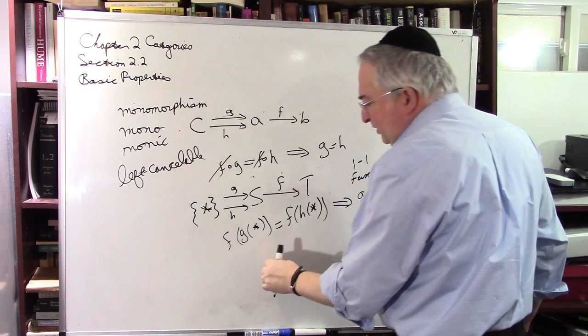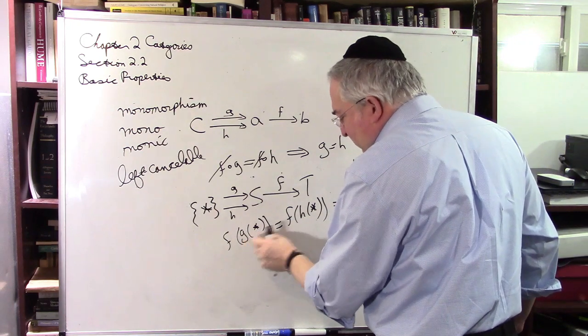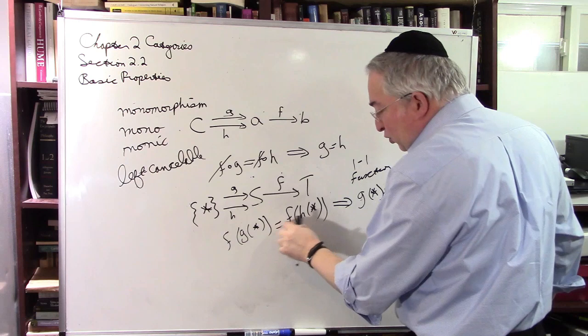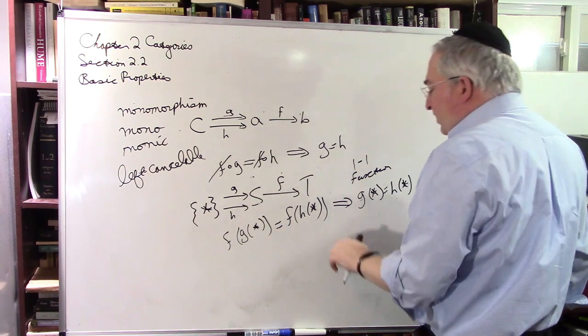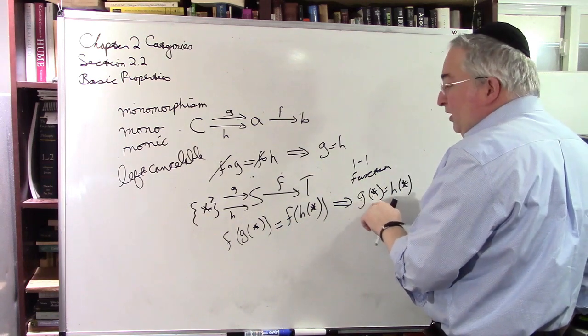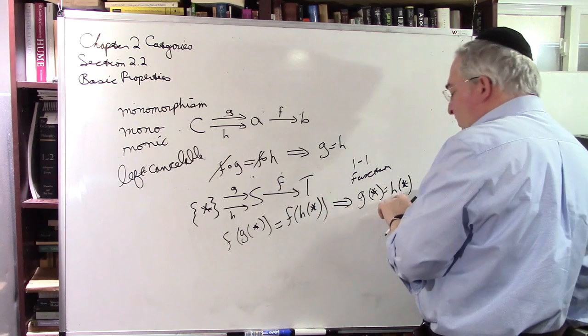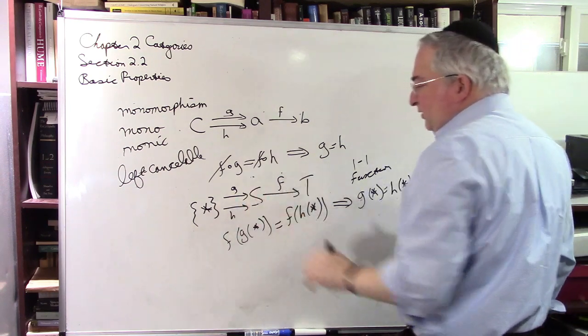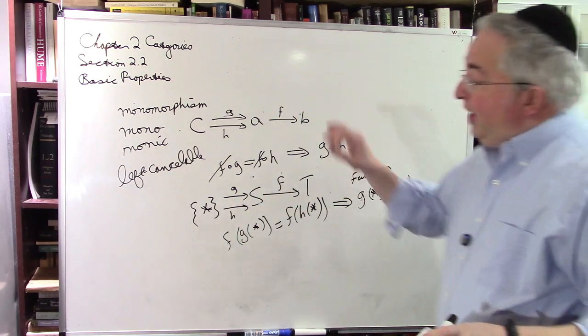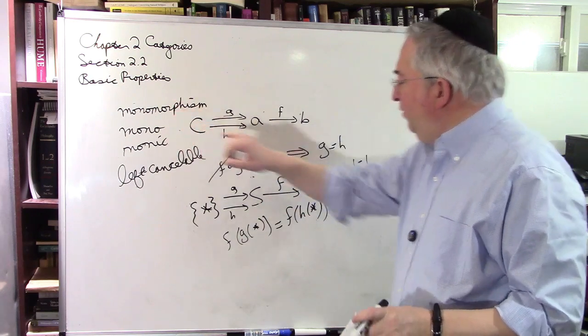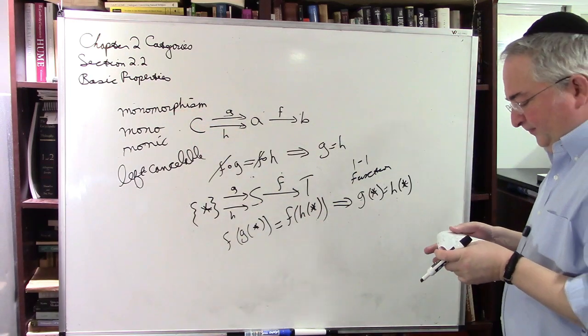And that's exactly what this says. If two elements, this and this, come to one element, they're equal, then it must be that G star, the element that G picked out, is the same as the element that H picked out. So in the category of sets, a monomorphism is a one-to-one function.